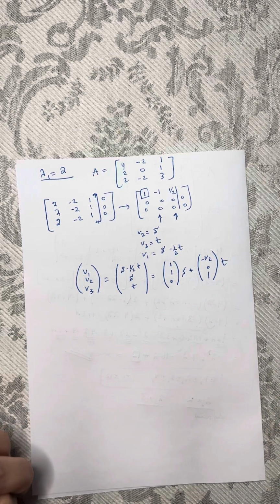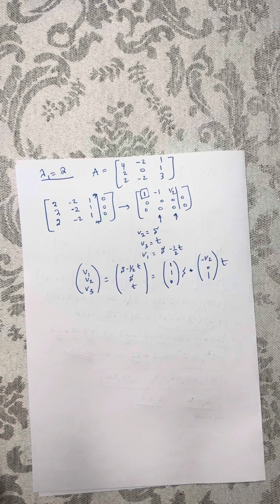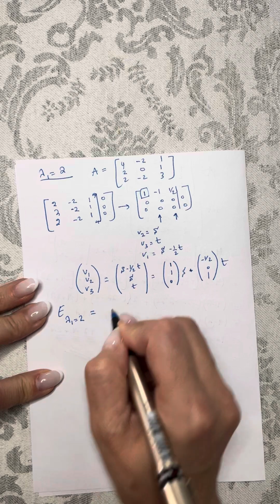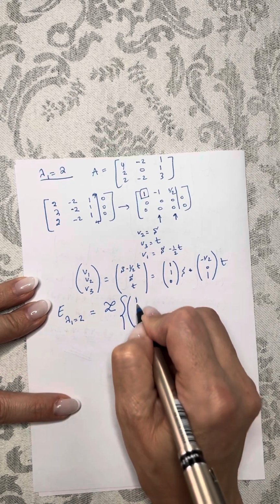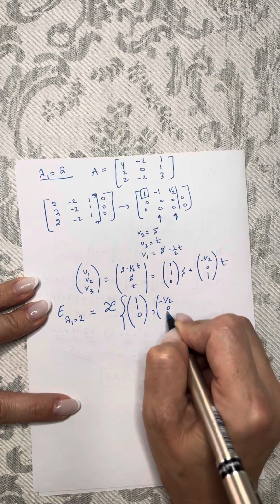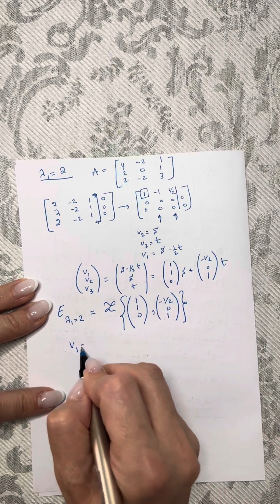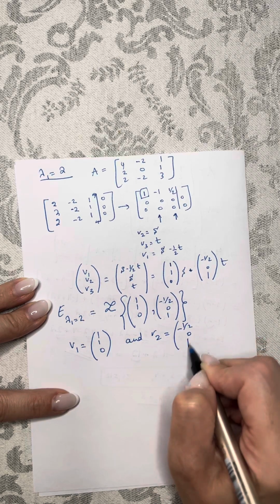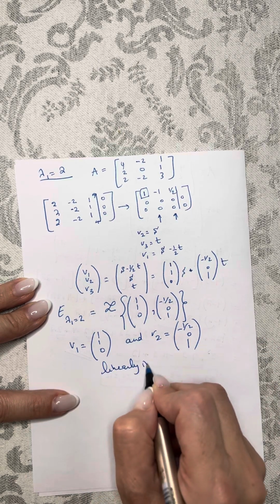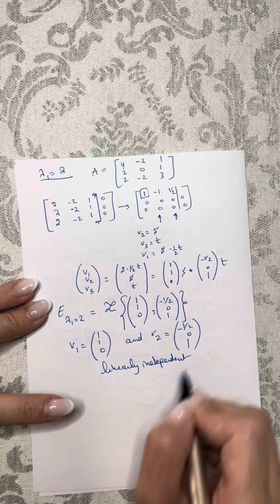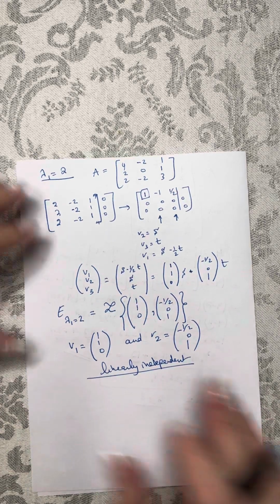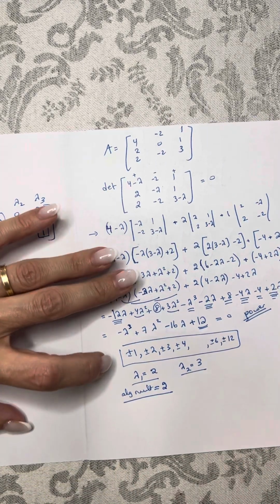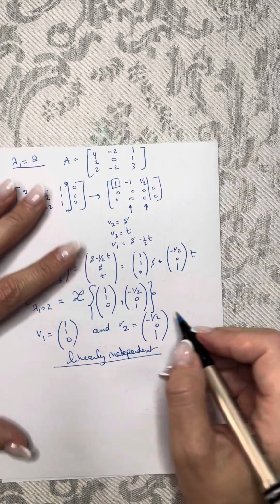So this means we get 2 linearly independent eigenvectors, because what is our eigenspace going to look like? Our eigenspace is going to be the span of 1, 1, 0 and minus half, 0, 1. This means one eigenvector could be 1, 1, 0, and another eigenvector could be minus half, 0, 1, and those are linearly independent. This means that if we go back now here, we know the algebraic multiplicity of this is how much? 2. And how much is the geometric multiplicity?